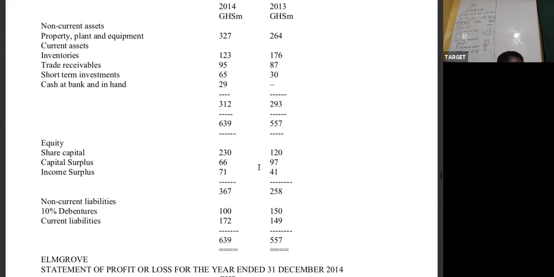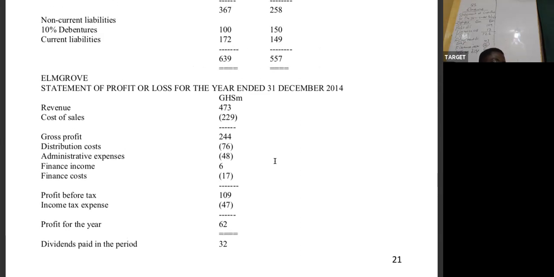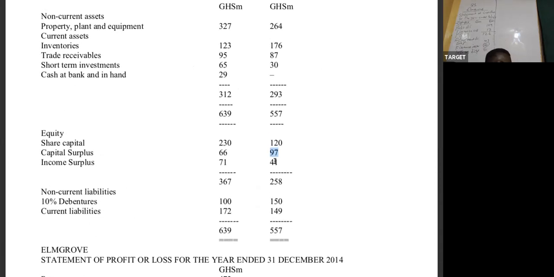Capital surplus talks about revaluations, right? Good. So it's just a revaluation. So let's see whether there is other comprehensive income. No OCI. If there is no OCI and there's a capital surplus, a decrease in capital surplus, we can reverse it in the assets.